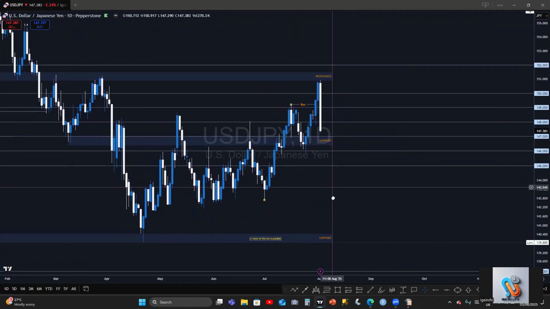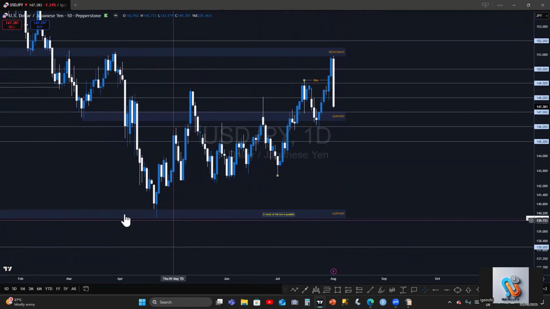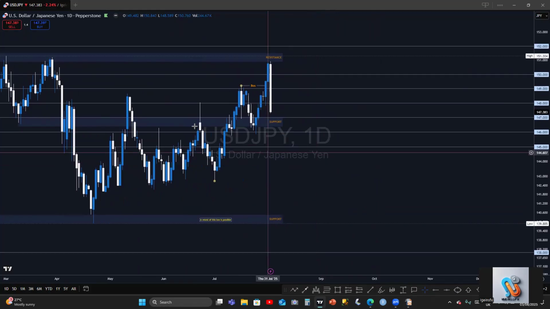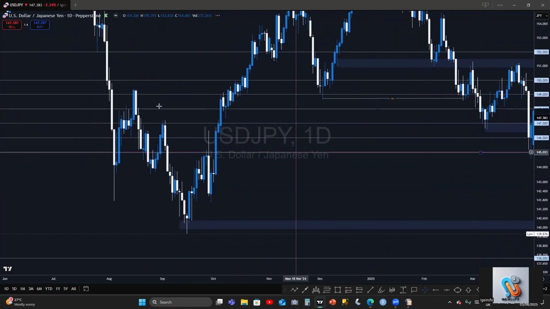Like I've said, we have a resistance here, we have a support here, and we have another support beneath this whole move, which it is possible for price to pull back to. A retest of this level is possible. Why?